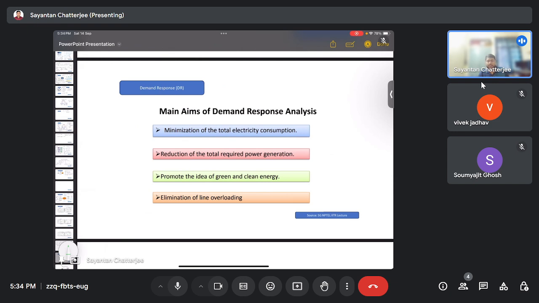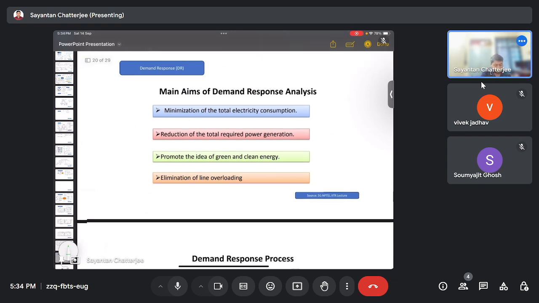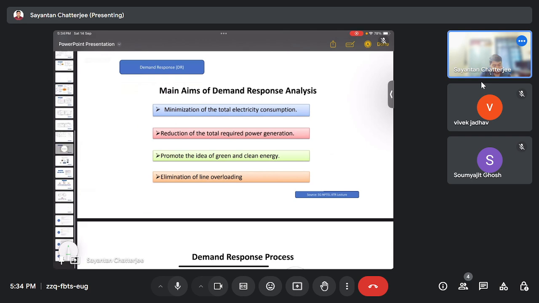DSM or demand side management is mostly performed at the utility level, but demand response is performed both at the consumer level and the utility level. Ultimately, the major aim of peak reduction can be achieved in both of these cases.